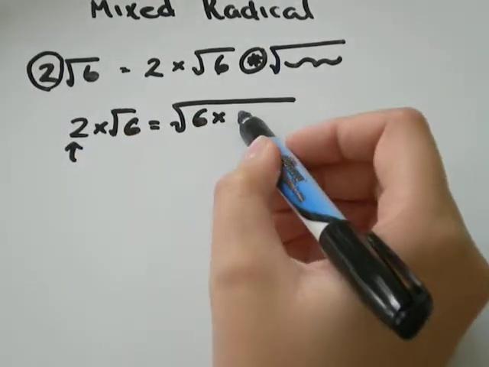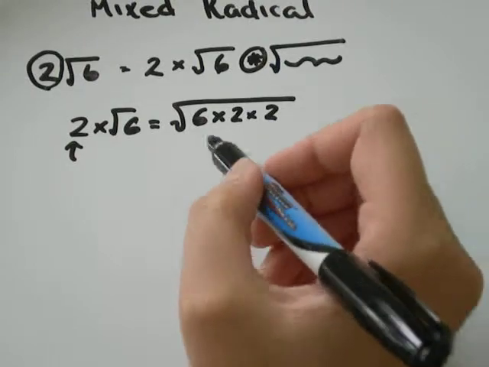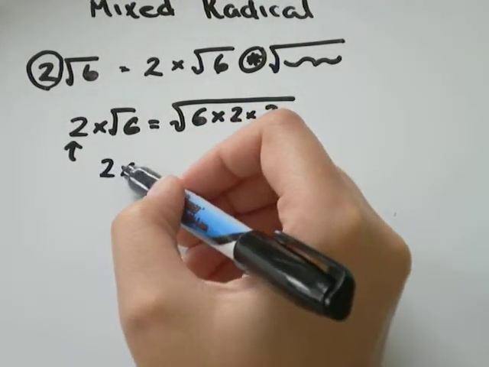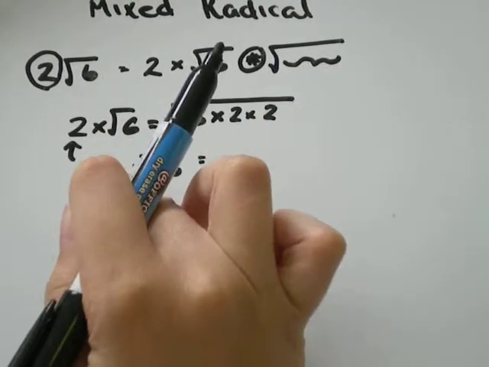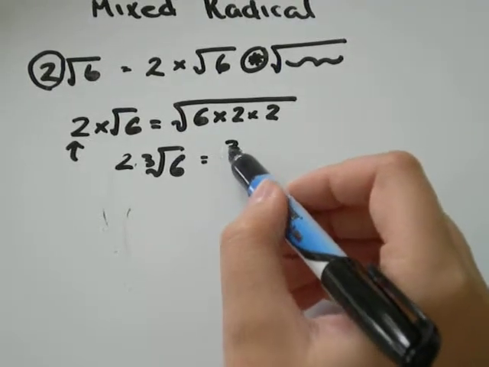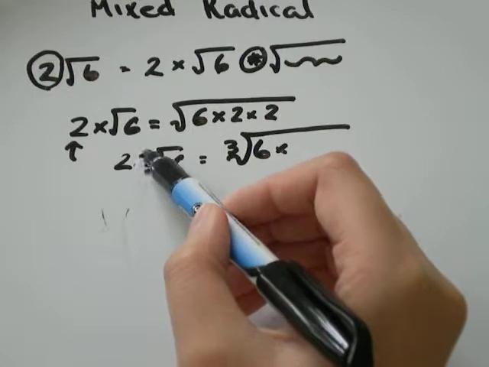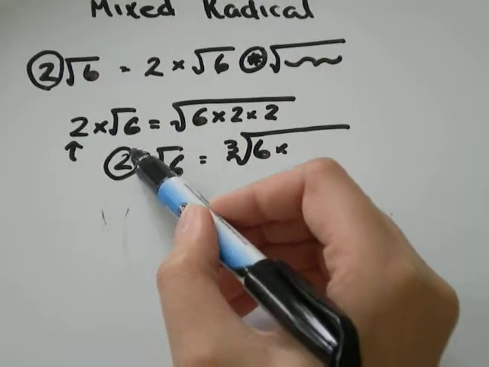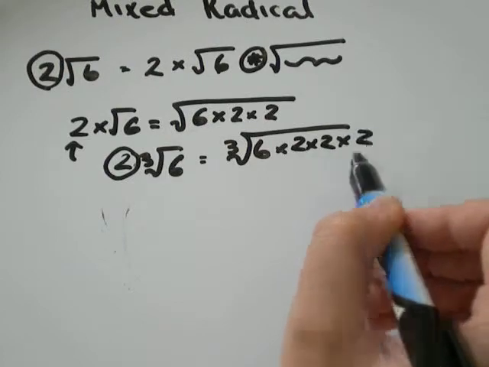We had 2 on the outside, so we have to put 2 underneath twice. If we were doing 2 times the cubed root of 6, we would go the cubed root of 6 times, because it's a cubed root, 3 of the number outside comes underneath. 2 times 2 times 2.